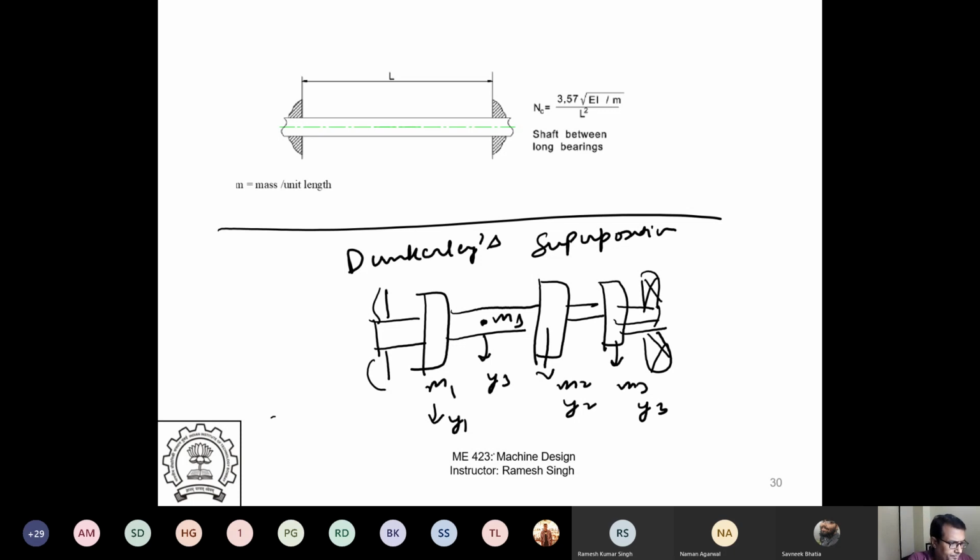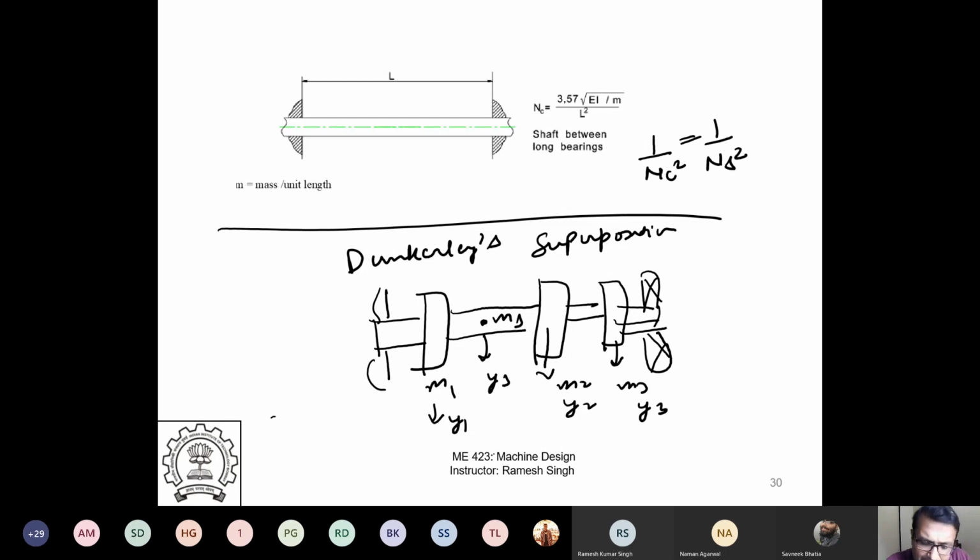Right? Now, what I say here is I can use these formulae and do the superposition. So basically I can have a formula, something like this. If I know the individual critical frequencies, I can say 1 over entire system, 1 by NC square is equal to 1 over NS square.